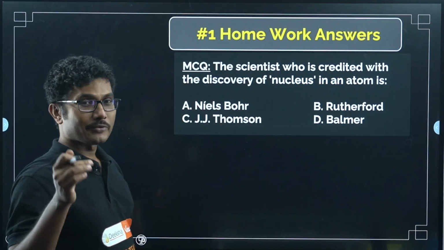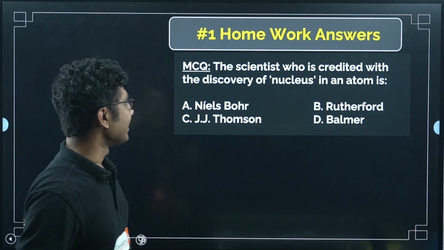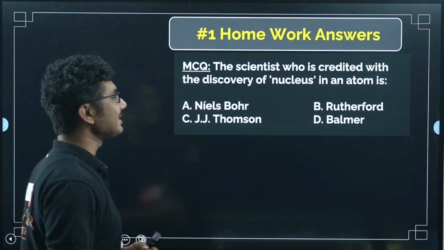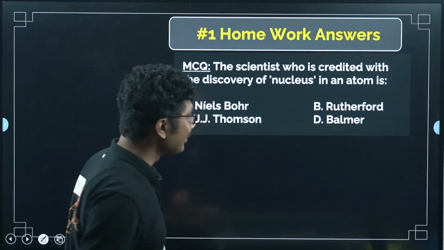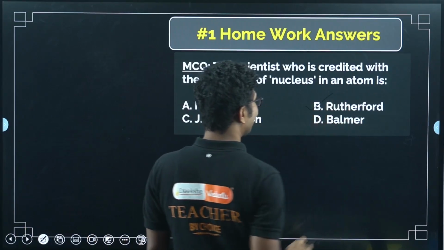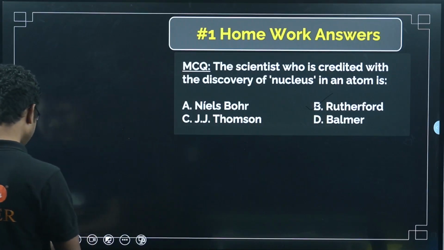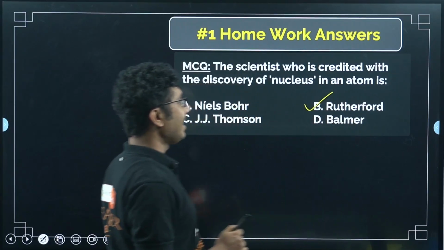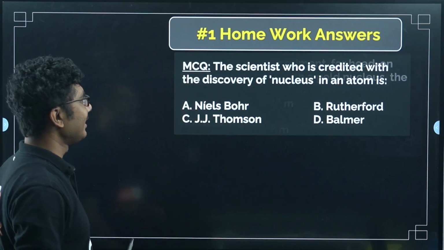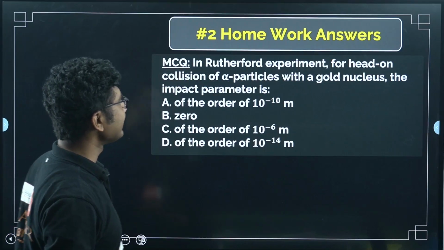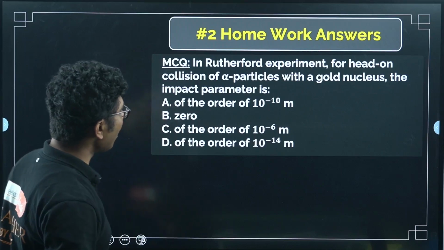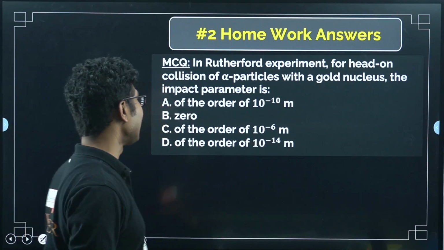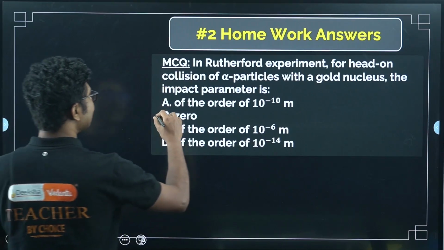Let's solve the homework questions I gave you yesterday. The scientist who is credited with the discovery of the nucleus in an atom is, I told you the answer, Rutherford. Rutherford is the scientist who was given credit for discovering the nucleus, right? Next, in Rutherford's experiment for head-on collision of alpha particles with a gold nucleus, the impact parameter is 0.